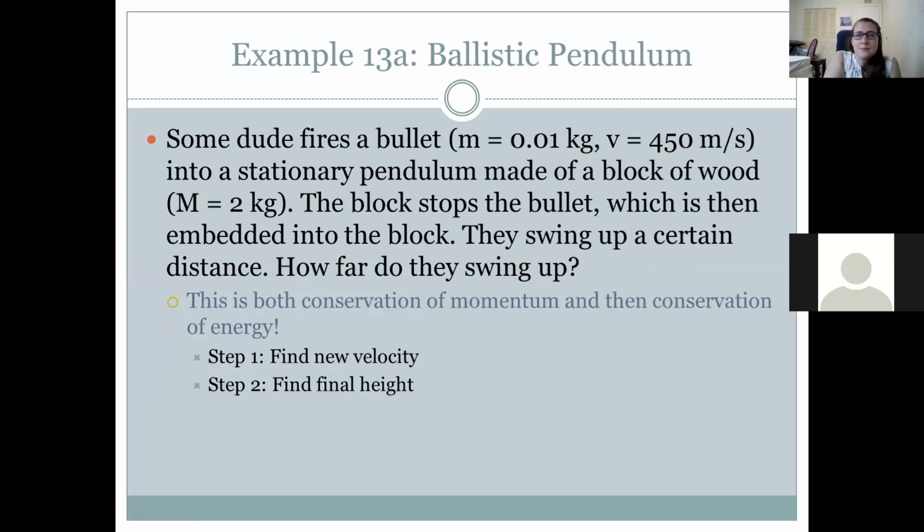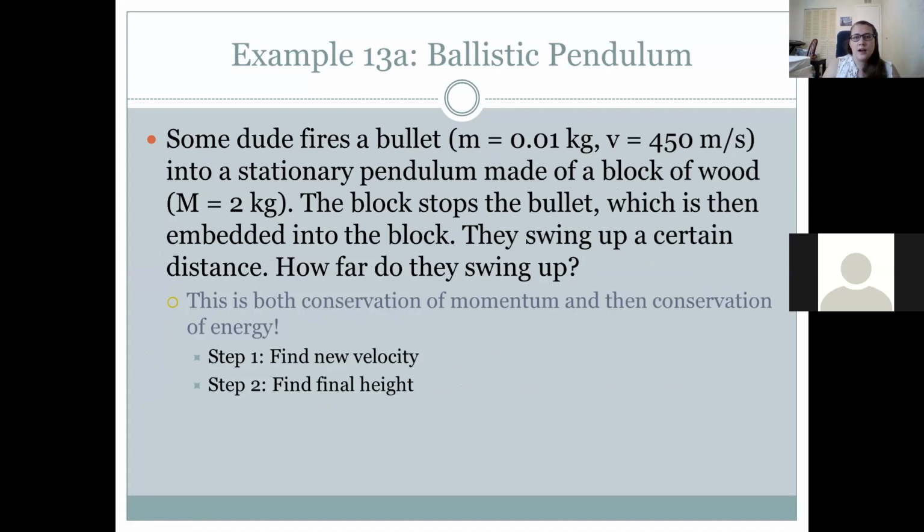Okay, example 13a. We're going to look at 2 slightly different scenarios for a ballistic pendulum. A ballistic pendulum is basically a block of wood that's attached to a bar or a string or something, and you shoot, well, in this case, some dude fires a bullet at it and makes it swing up into the air.